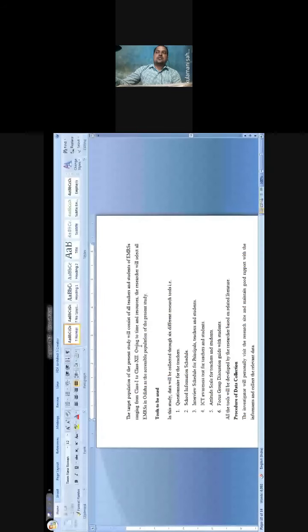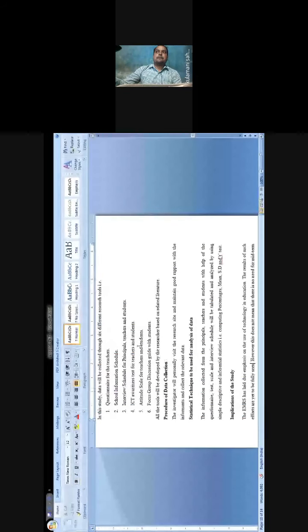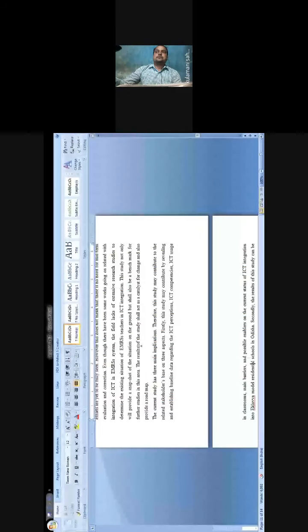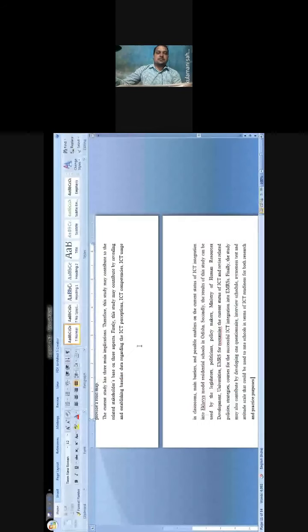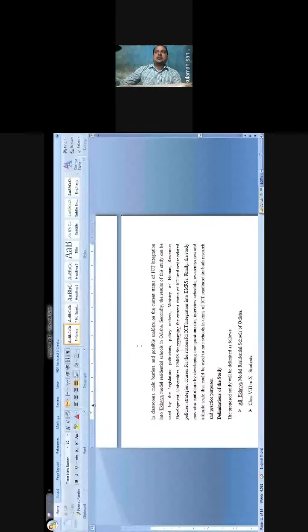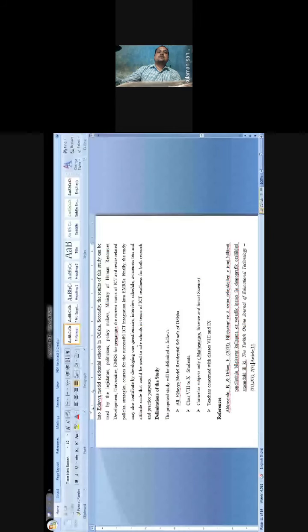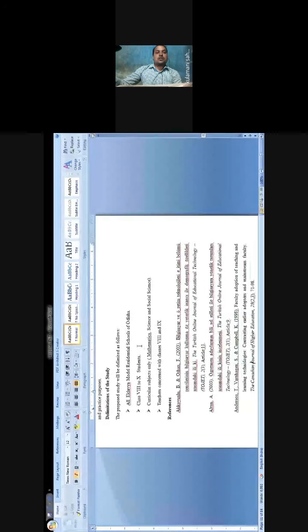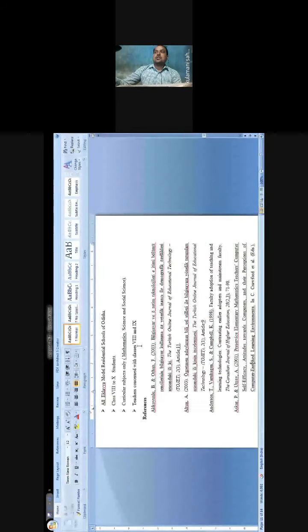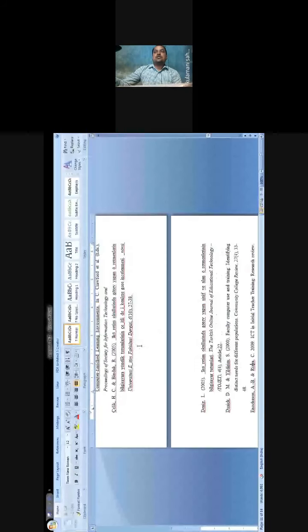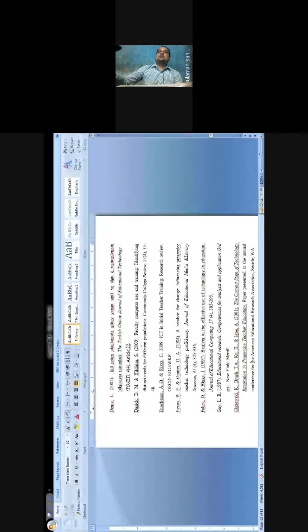Then procedure of data collection, then statistical techniques to be used, then implications of the study, then the limitations of the study, then comes references. So these are the important components of a research proposal or plan, which you need to focus on while preparing your research proposal.